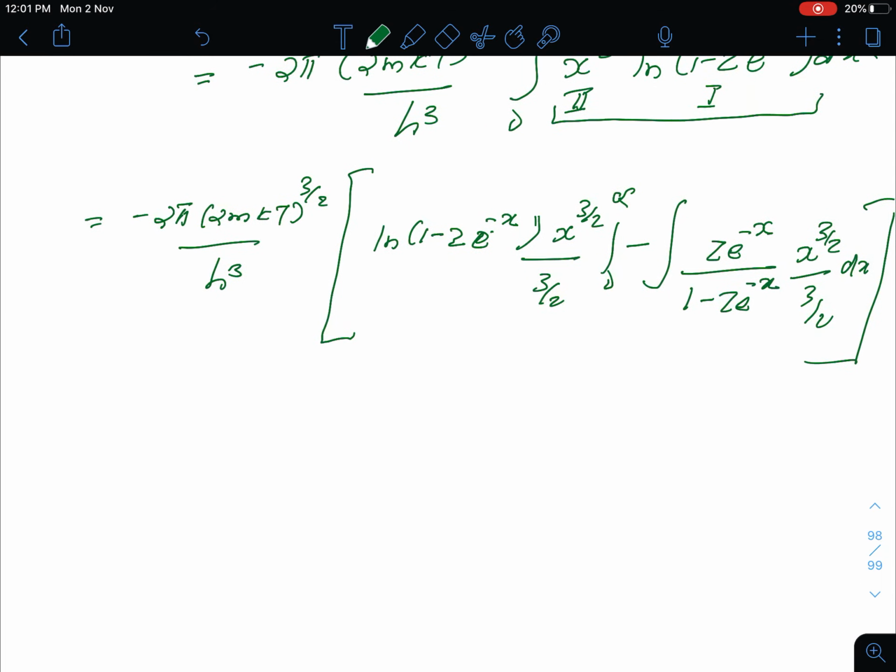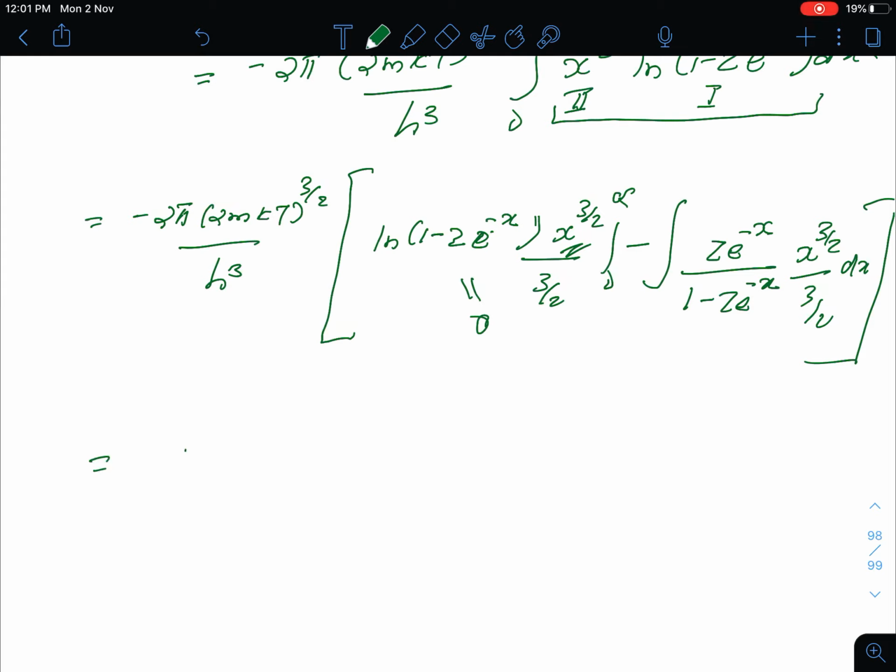Now if you put the limits, say the first limit, put 0, this becomes 0 obviously. Now the second limit, infinity, e raised to minus infinity, that is 0. So z e raised to 0, that is 0. So ln 1 is also 0. So this term entirely becomes 0, the first term entirely becomes 0. And you have a minus here.